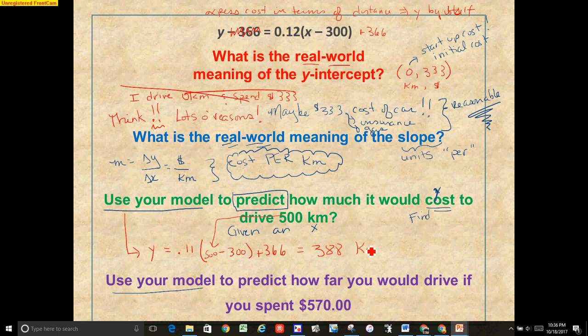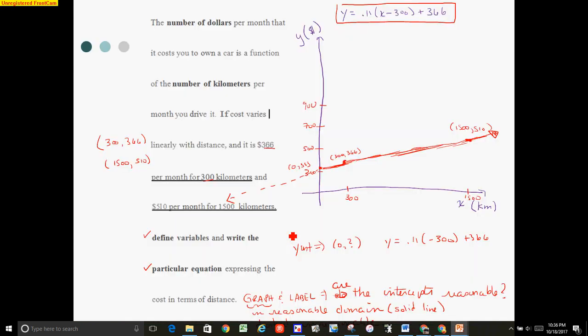Units. Does that make sense? Let's go back. Does it make sense that at 500 the cost would be higher than 366?